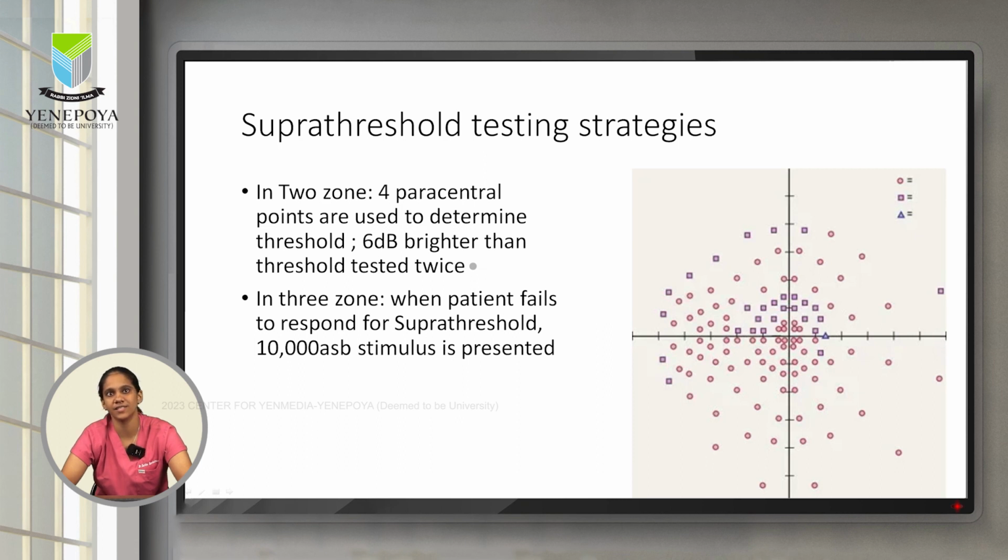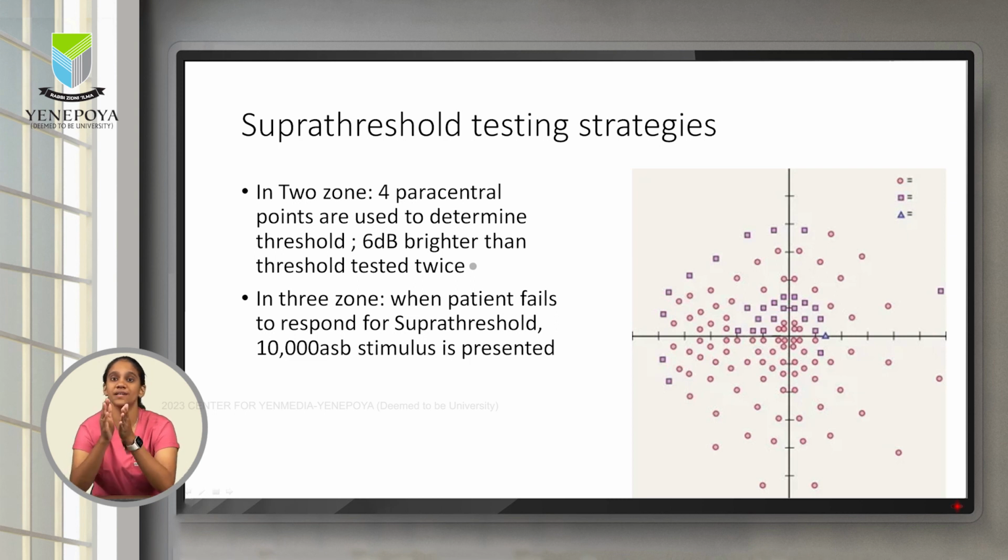So in 2-zone strategies, there are 4 paracentral points that are used to determine the threshold, and each stimulus will be 6 decibels brighter than the threshold, and each stimulus will be tested twice. In 3-zone, what happens is when a patient fails to respond to a supra-threshold, the maximum stimulus is then presented.